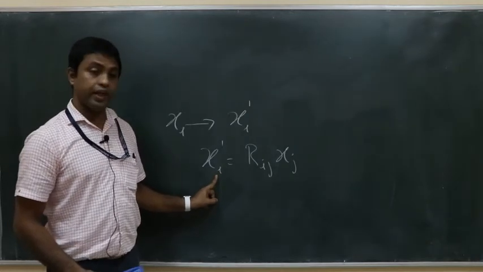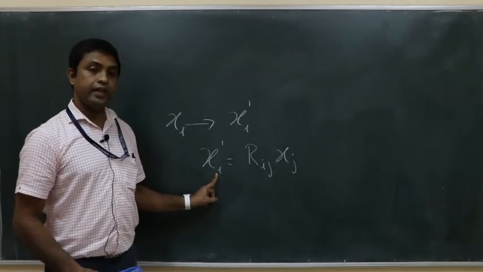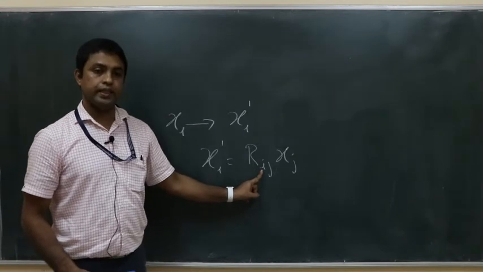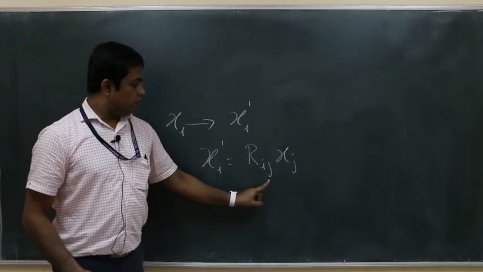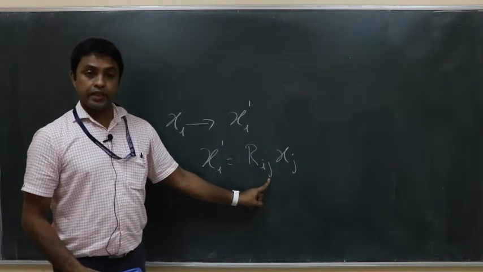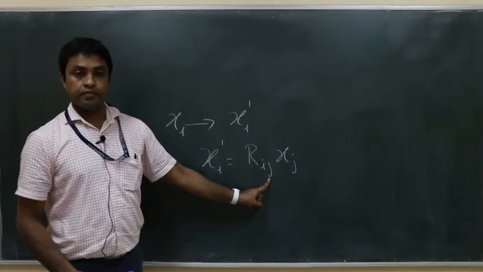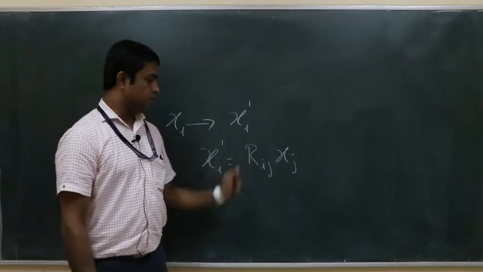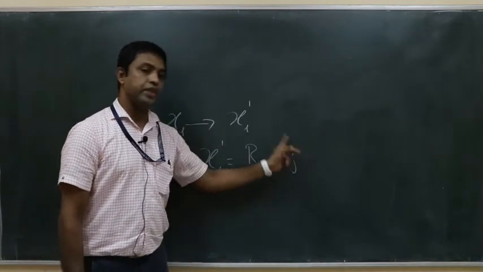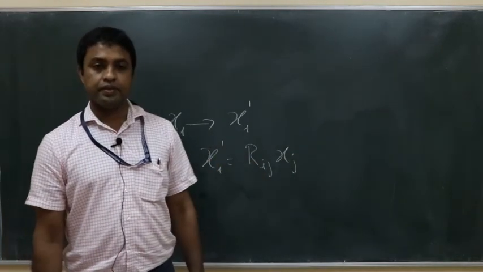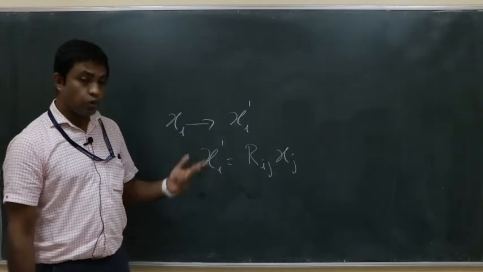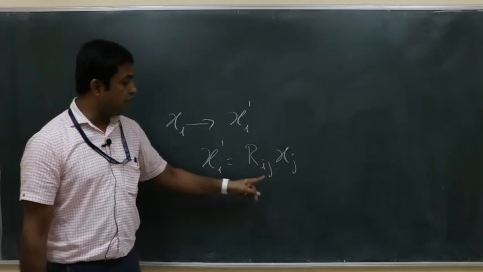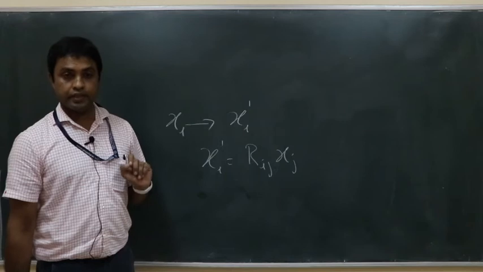So i is a free index here. On the left hand side that i is there, and on the right hand side also there is an i. Is j a free index or dummy index? In this expression, how many times is j appearing? Two times. So j is a dummy index here.